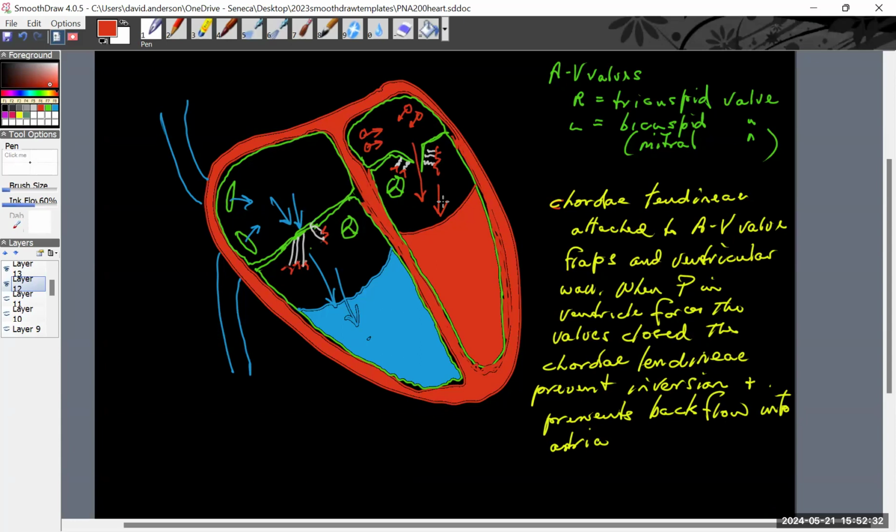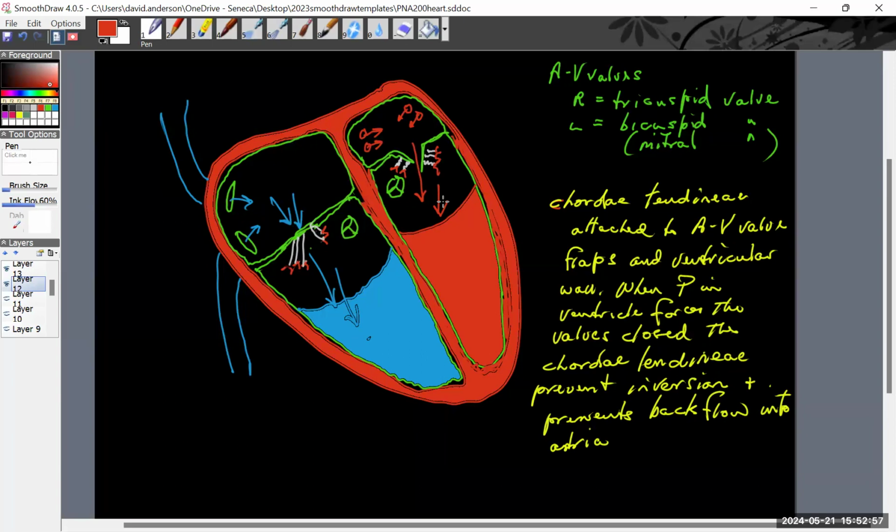So that's describing a feature that we're going to talk about in the heart called preload. We're putting a stretch on the wall, in this case of a ventricle, that's going to give us ultimately a more forceful contraction, but it's going to help increase pressure. Right? The other feature that's going to increase pressure is when the muscles themselves contract.